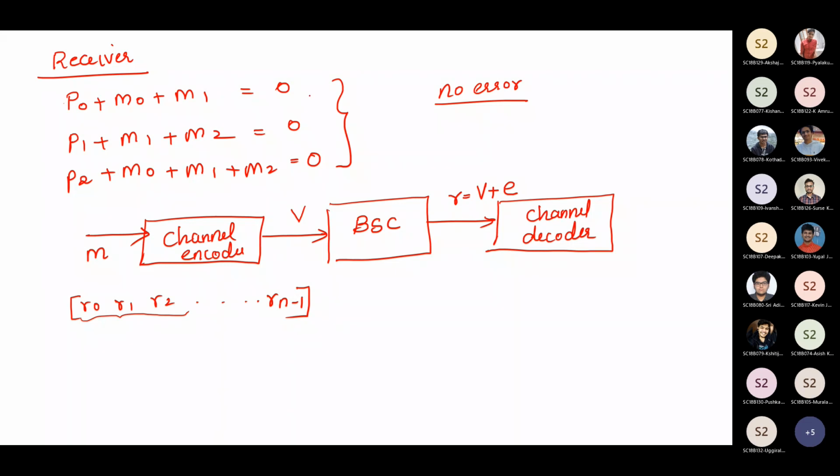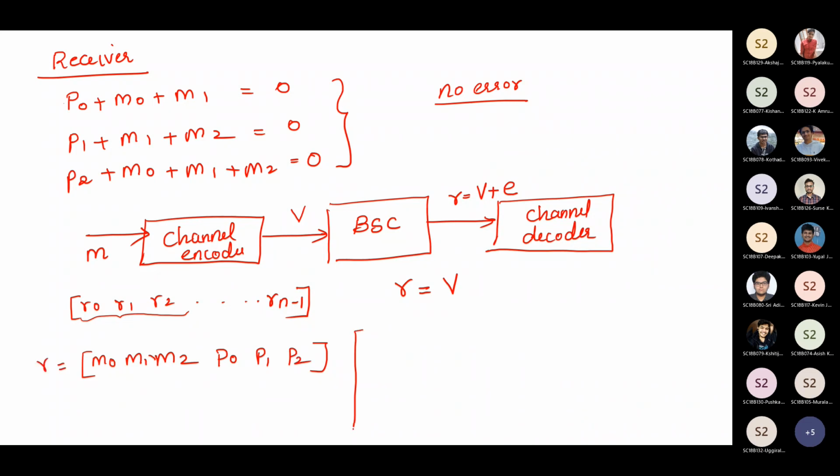So in order to bring it into a structure, what we are doing is, your received vector R, for example I am taking, R is equal to V now. Okay, the received vector is equal to your code vector. So here M0, M1, M2, P0, P1, P2. Okay, this is your received vector.